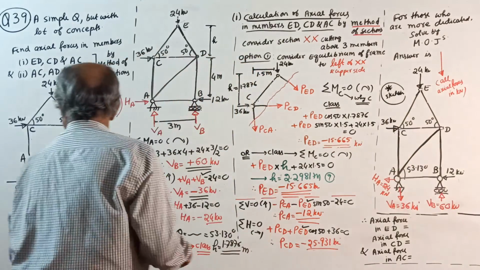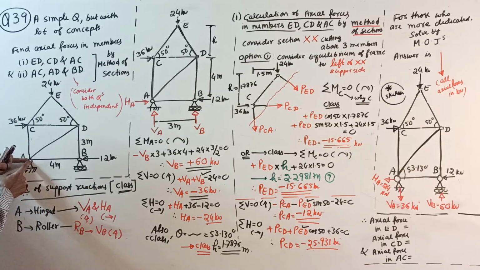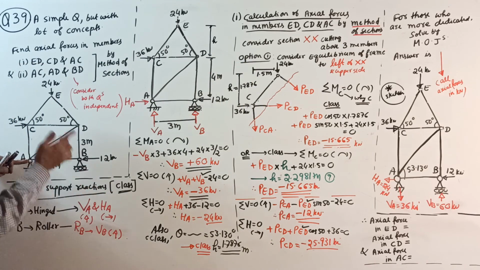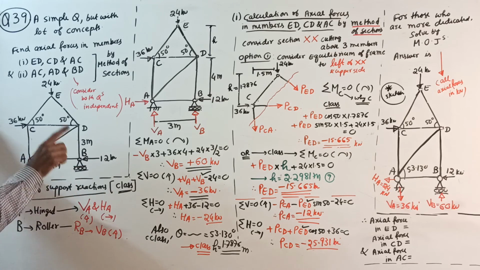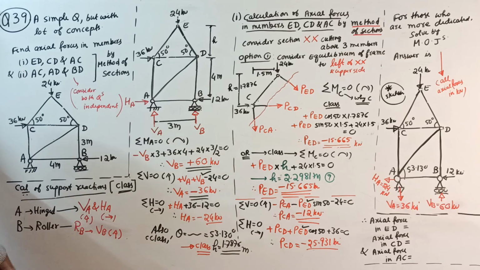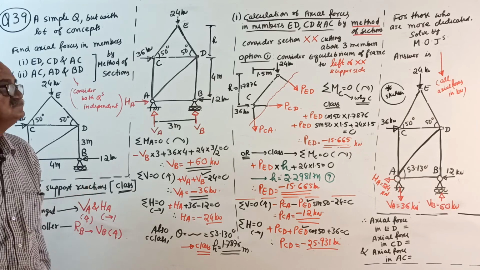Okay, start. First, calculation of support reactions. A, hinged support, told endless number of times. Vertical, horizontal. If somebody asks me to solve this question, I will take horizontal left side, and I will observe the frame. I am 100% sure vertical reaction at A is downwards.